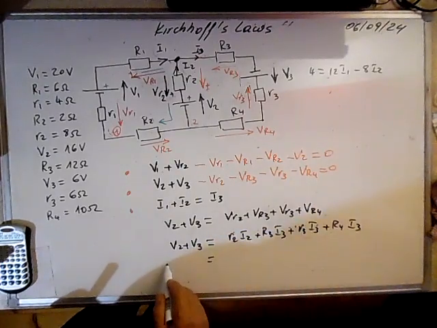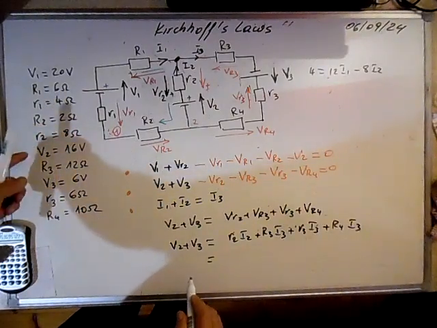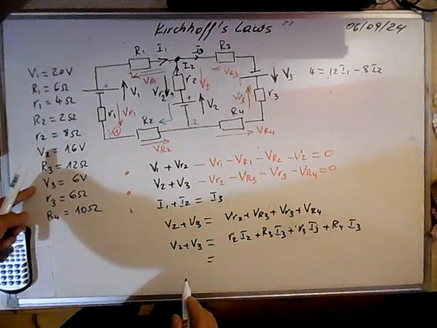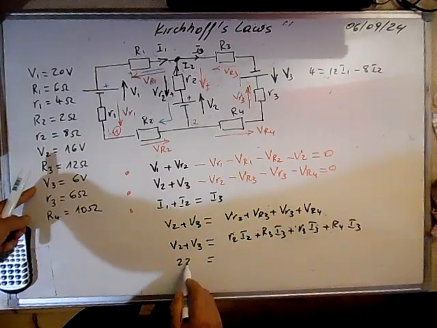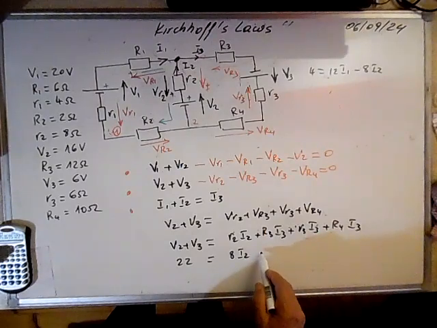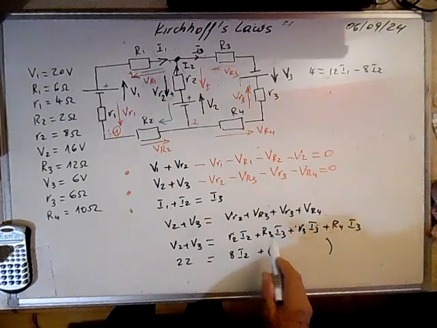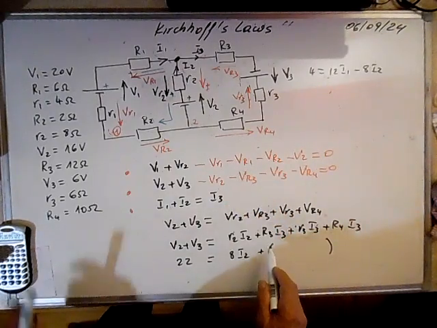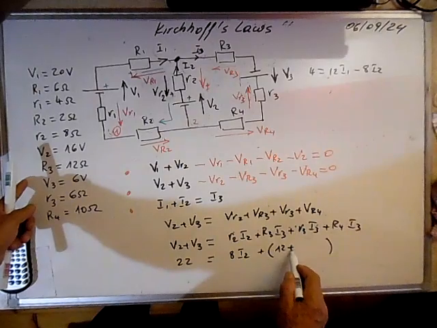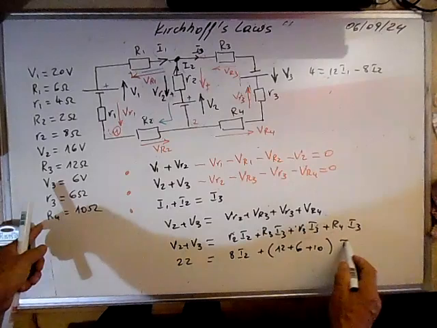So it means V2 plus V3, this is 22, is equal to R2, R2 is 8 I2, plus the sum of the three resistances here, R3 12 plus 6 plus 10, I3.